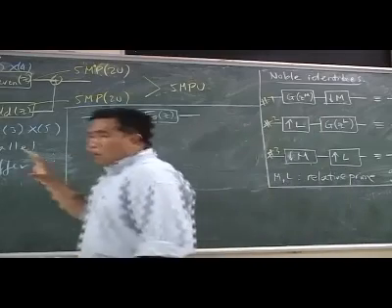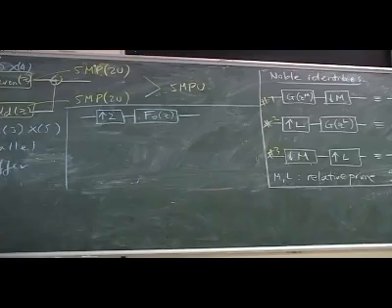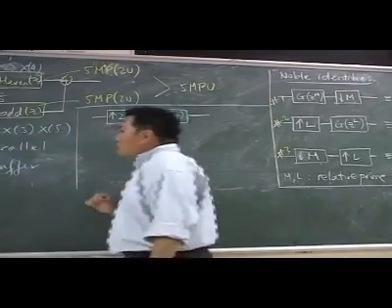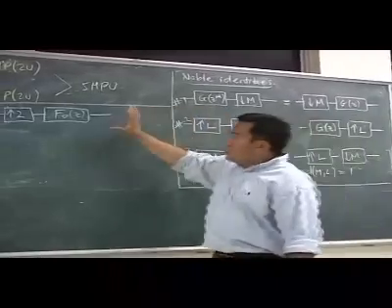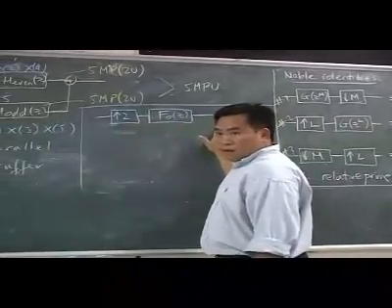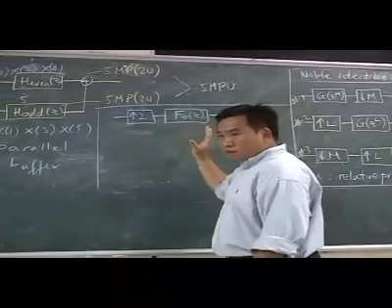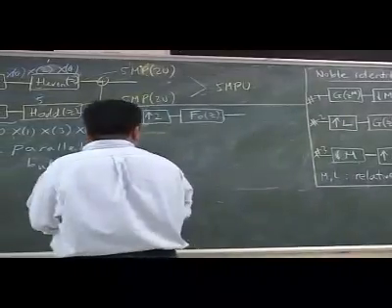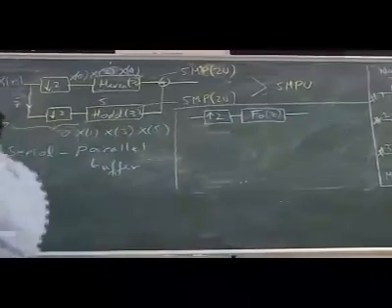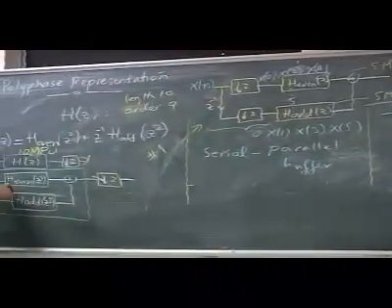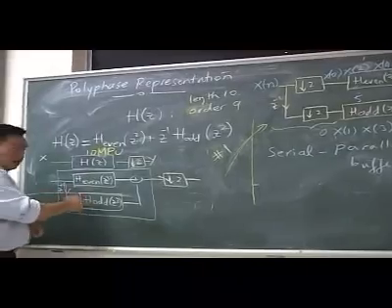Similar to, you want to move this downsampling to the other side. So in this case, I want to use the second noble identity to move this block to this side. I'm going to skip all the operations. The result is going to be like this. So the steps are taking F0 and writing it in this form: F even, F odd. Okay?